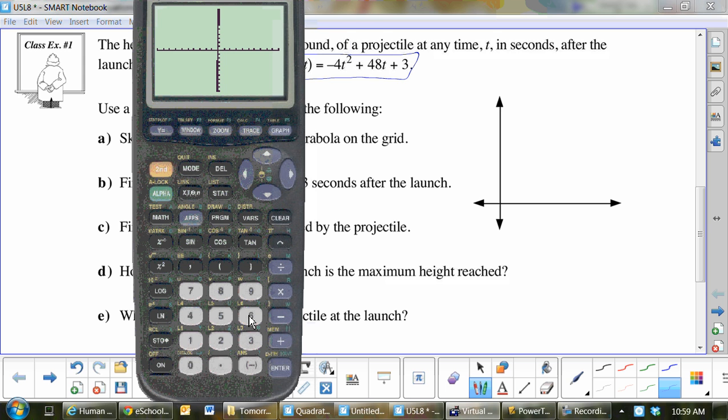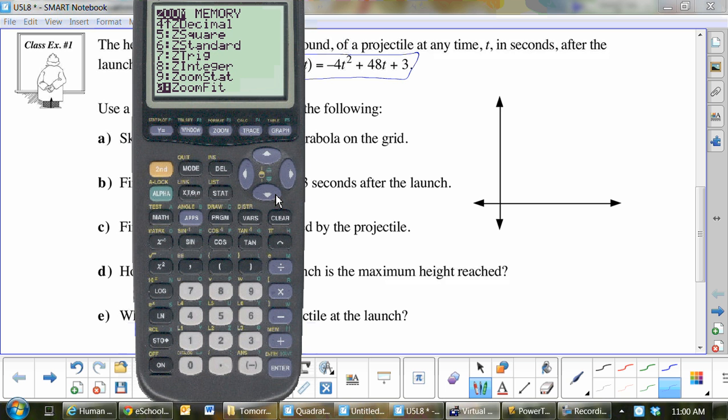That's no projectile. So you hit zoom, and if you go all the way down, this is one way to get it better: zoom fit, which is zoom 0. Just hit enter and wait for it. Sometimes it's not that awesome either, but it gives us the projectile.